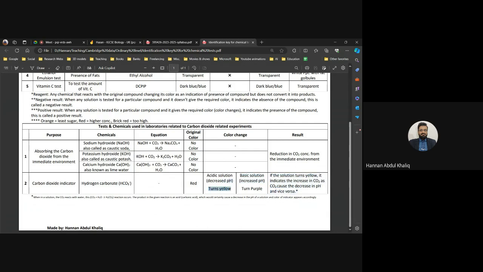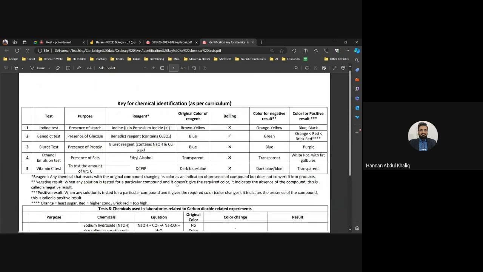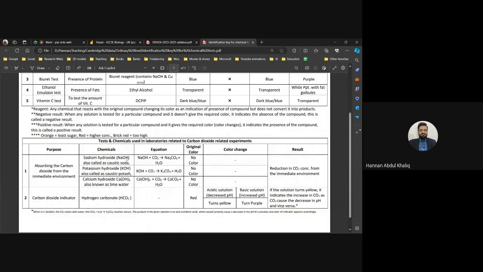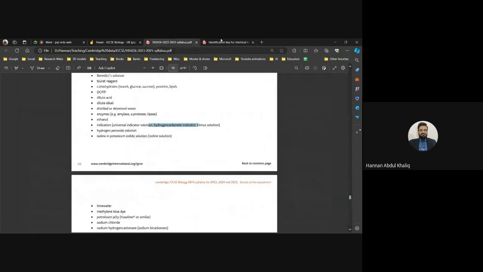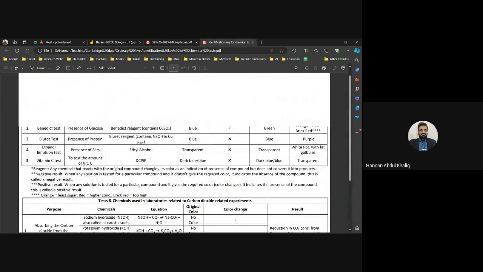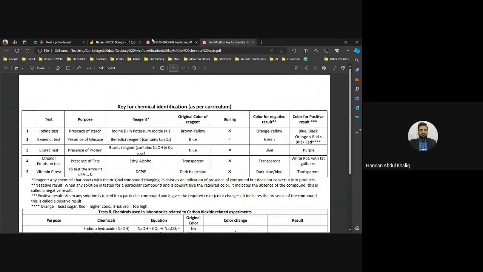It would turn yellow. And if it has less carbon dioxide, which means alkaline or increased pH, it would turn purple. So that is the meaning of reagent. Then some of the chemicals are mentioned over here. This document is going to help you a lot in all these experiments.